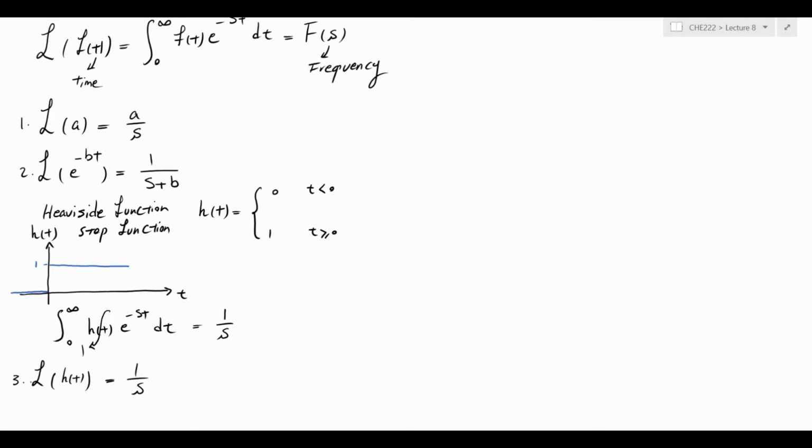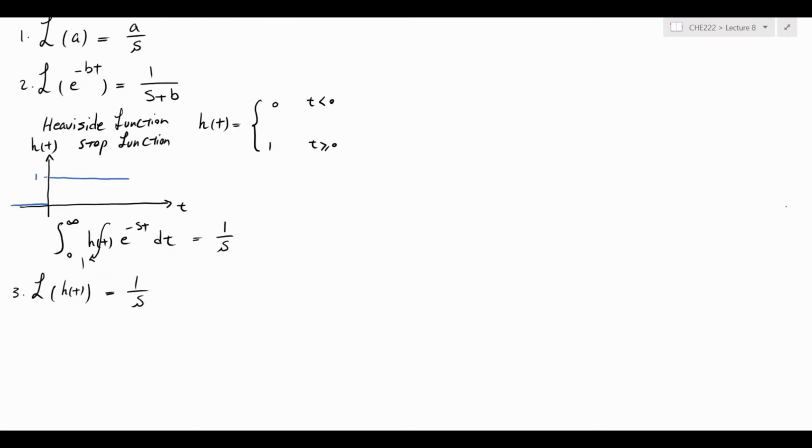Maybe when I show you a simple example of how we use the Laplace transform to solve a linear ODE, we can come back and derive the Laplace transform of more functions. Alternatively, I will post a table that has a list of maybe 20 to 30 functions and their Laplace transforms, and you can refer to that table as a reference.